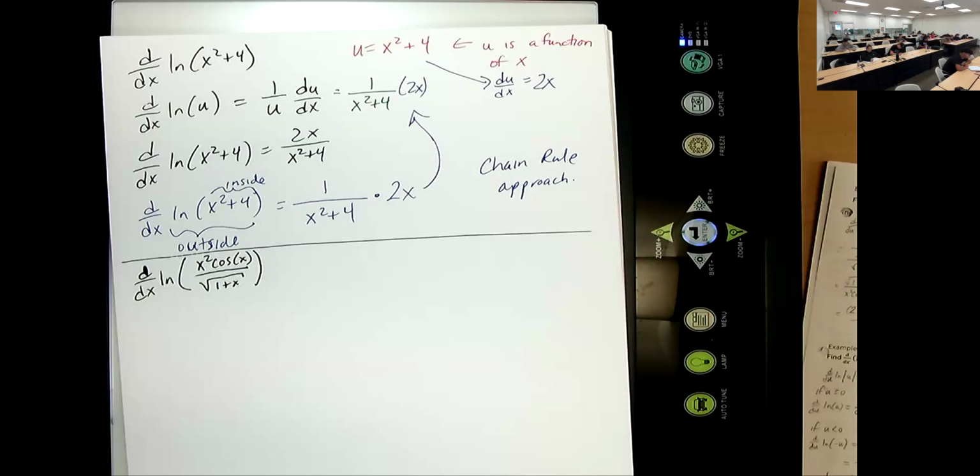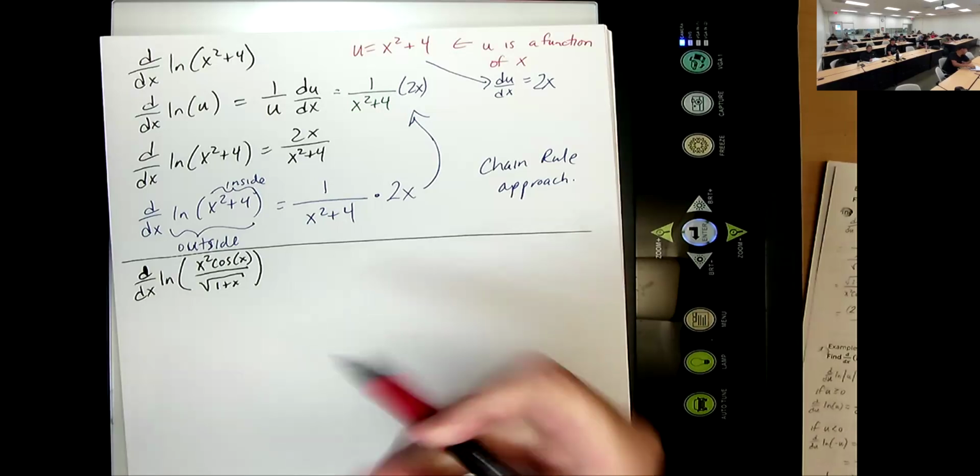Yeah, you can take the chain rule here. There's a really good chance you're gonna mess that up, because there's a lot of parts to it. So what I'm gonna do is say u equals the inside.